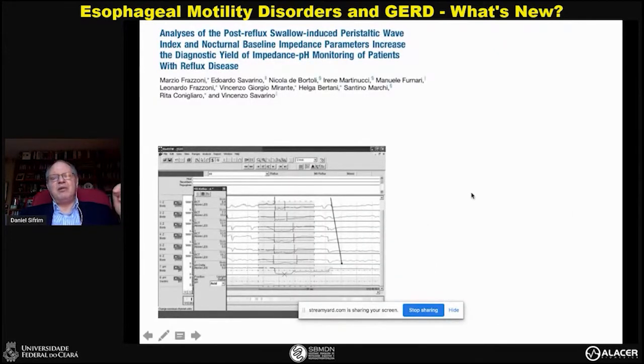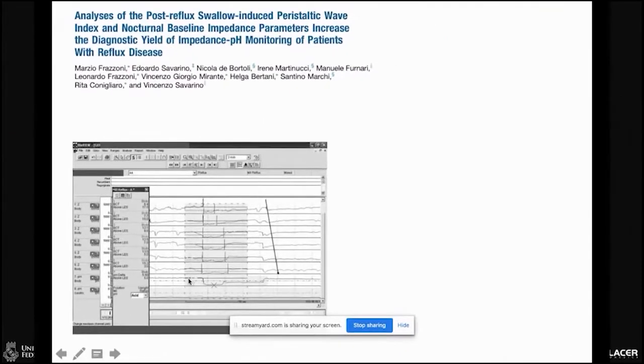There is another parameter which is relatively new, and I find it very interesting. This is a reflux episode detected by impedance, and this is a pH, and the pH goes down. So this is an acid reflux episode. Notice that a few seconds later, after the reflux episode, there is an impedance drop that moves all the way down and coincides with an increase in pH.